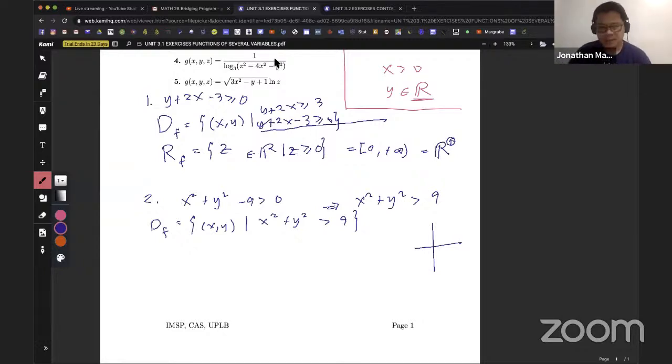Okay. Since this is an inequality, and we actually have a strict inequality. Wait lang, tatry ko kung kaya ko makapag-graph ng circle dito. Ang pangit na circle ko.